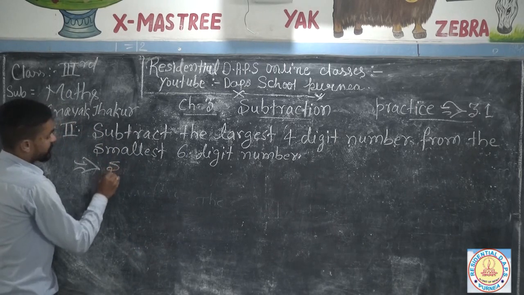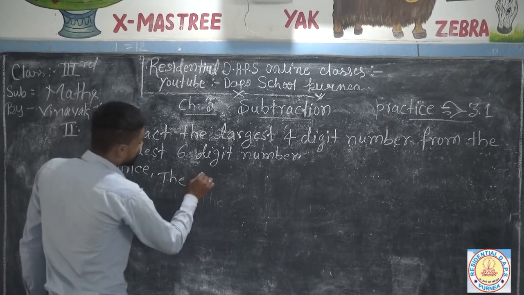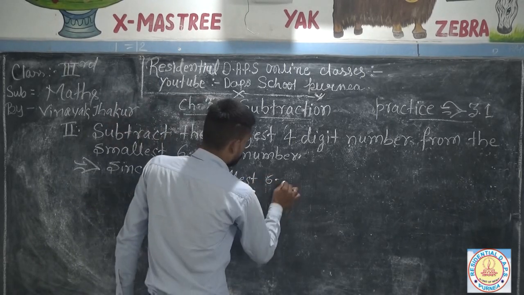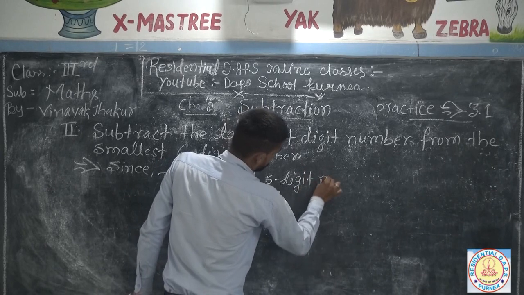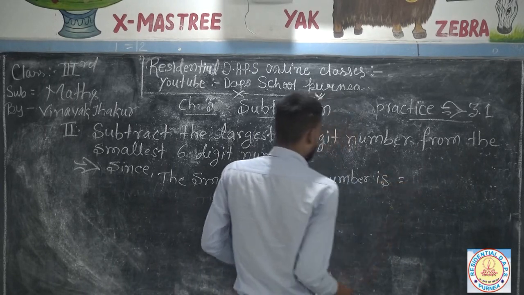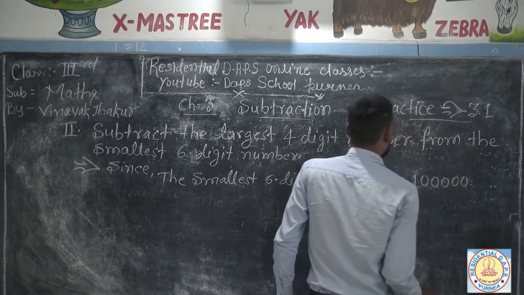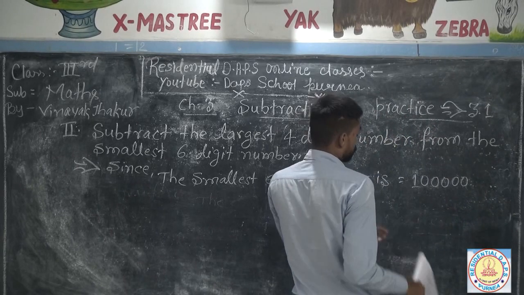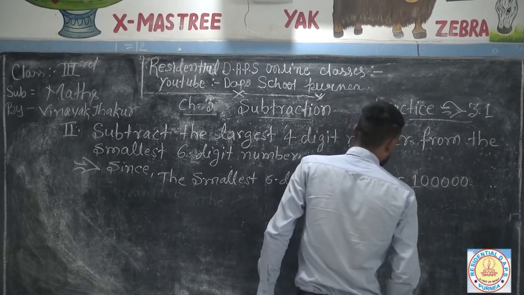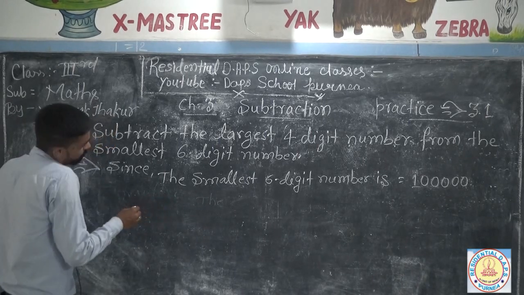The smallest 6-digit number, you know that, is 1 lakh, and you have to subtract the 4-digit number from it.